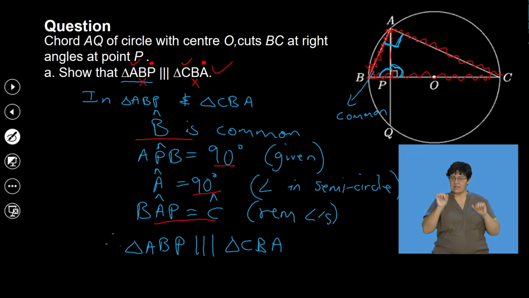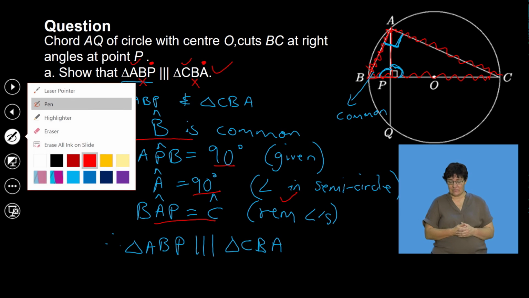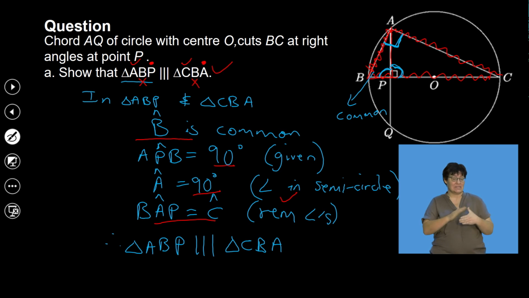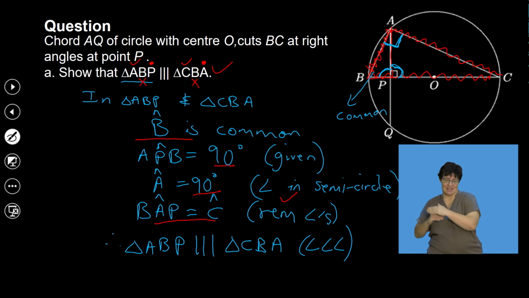Is it equal? Yes, because of remaining angles. So that's how you can gauge yourself if you don't know where to start. Now, lastly, let me give you the reason for the claim that we made. This will be angle, angle, angle. Some people write it as AAA, or they say equiangular, but they mean one and the same thing.